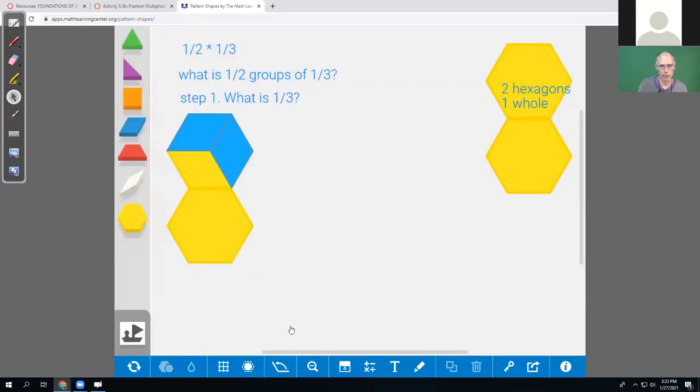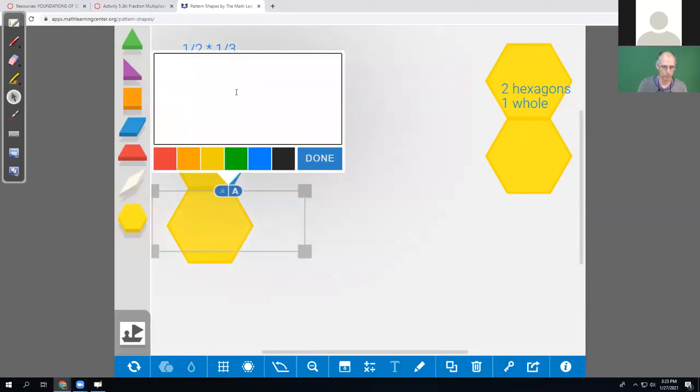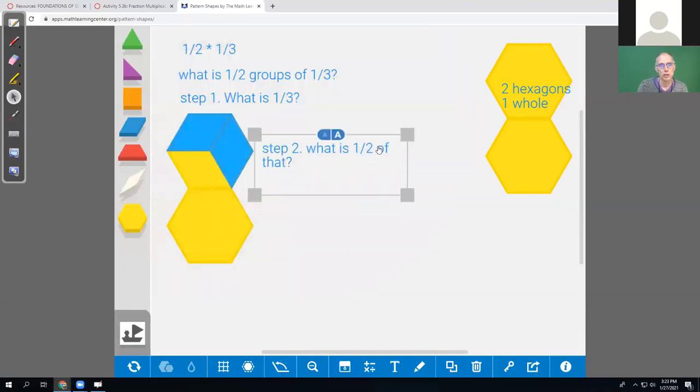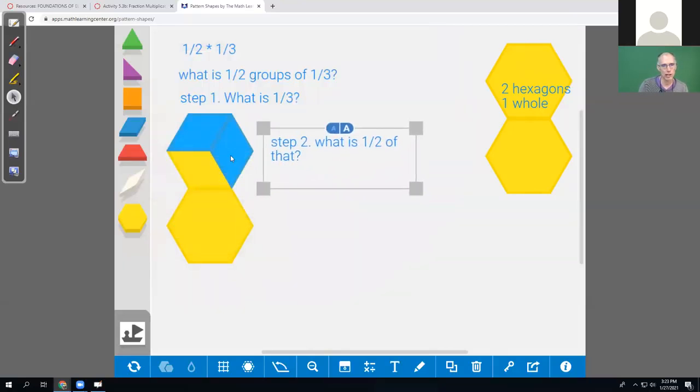Okay, so step 2. Now I have to find what is 1/2 of that. I don't know what half of that is. Well, I mean, I can pretty much look at this and say, well, that one right there is half.